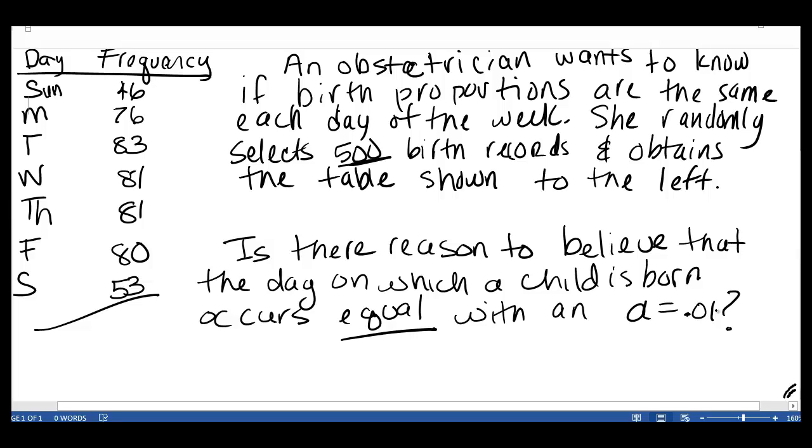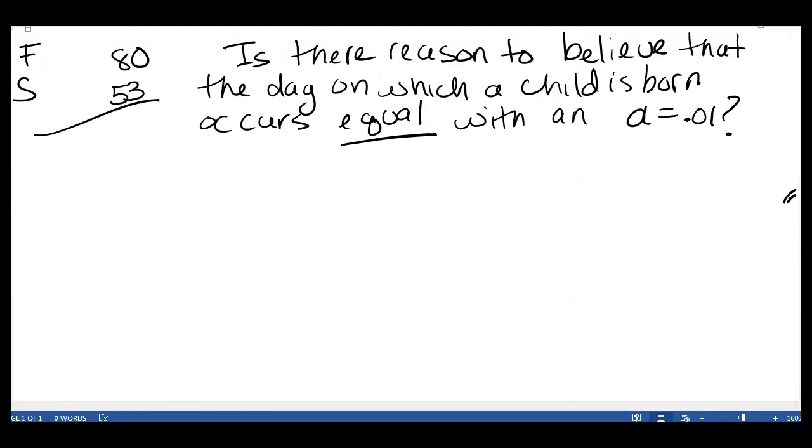Now, step one to this is to write the null and alternative hypotheses. So, our null hypothesis would be that the probability of day 1 is equal to the probability of day 2, which is equal to the probability of day 3, and so on.